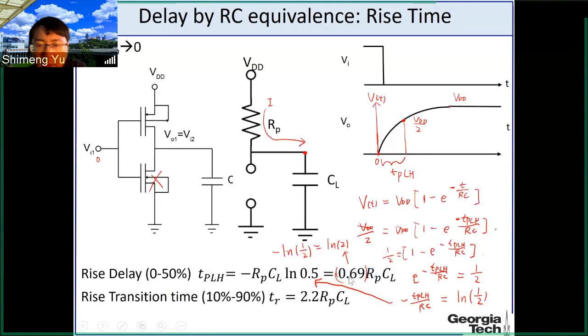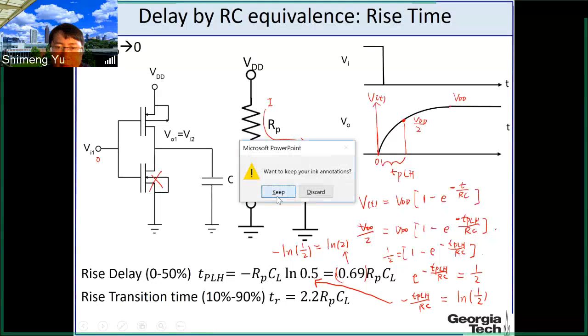It is the coefficient in front of this RC, which characterizes the delay from 0 to half VDD. And RC, you know, is a time constant. In this case, for TPLH, the PMOS is working, so this R is RP. Any question?